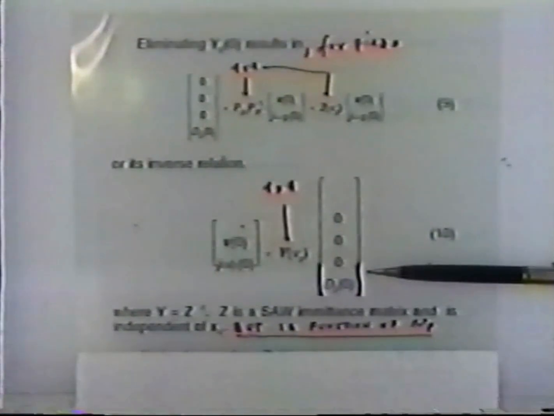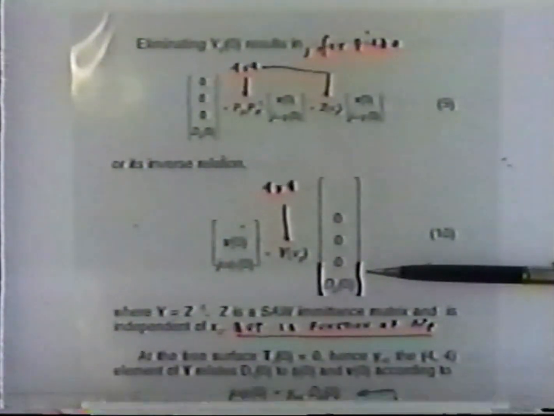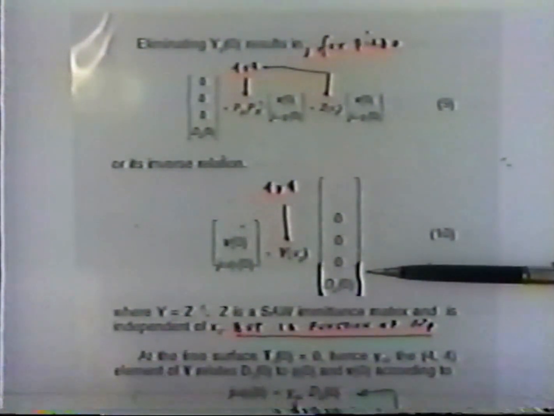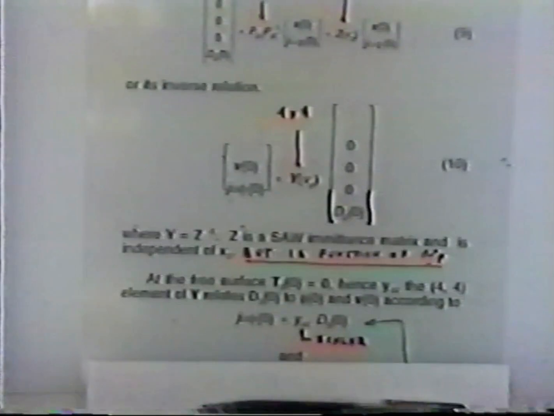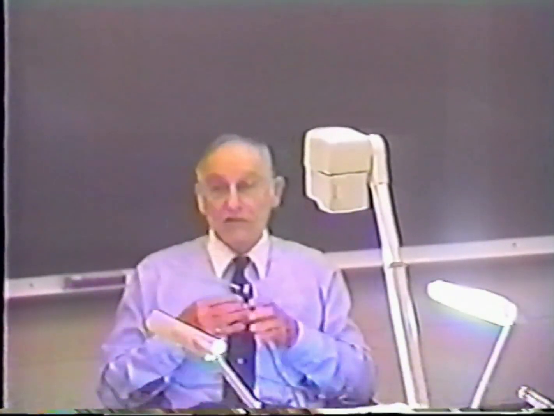And so we have to handle this, and the next few words simply underscore the fact that each of these matrices are functions of the phase velocity, just as we had for the non-piezoelectric case. And if we fix the boundary condition properly, we will have found the right value of phase velocity.